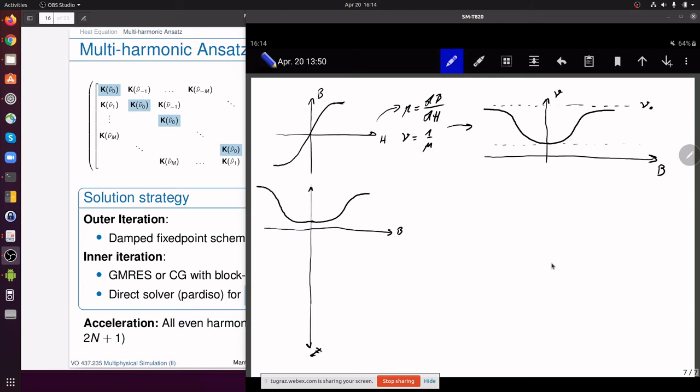And maybe we prescribe a sinusoidal B field.